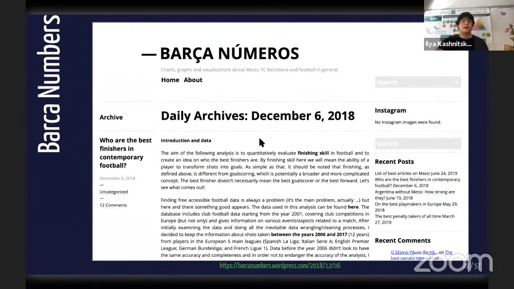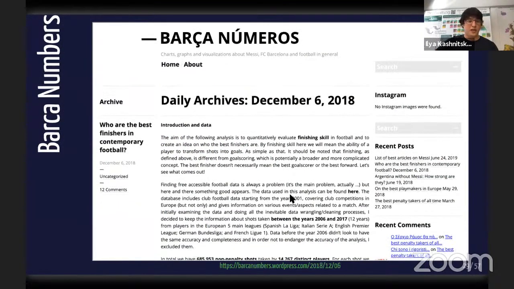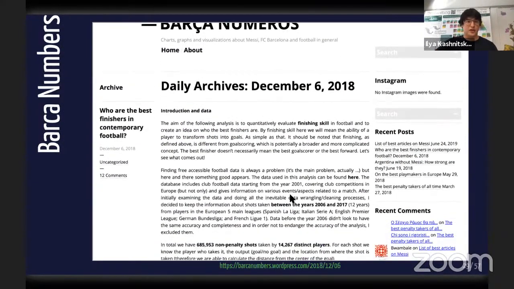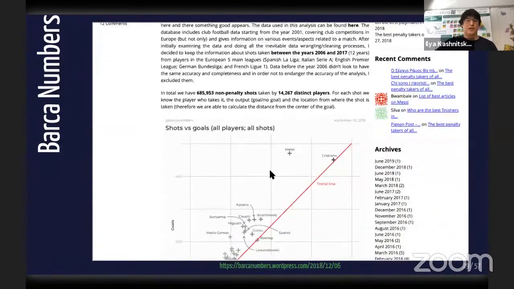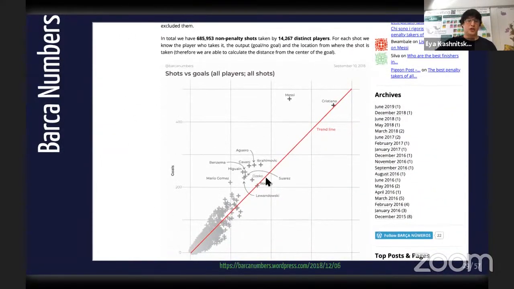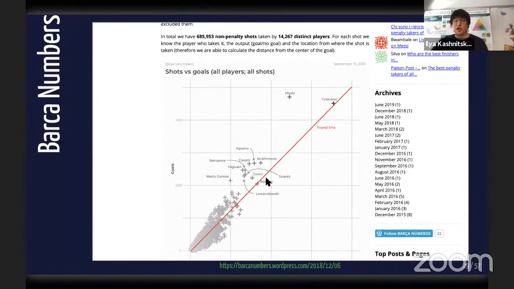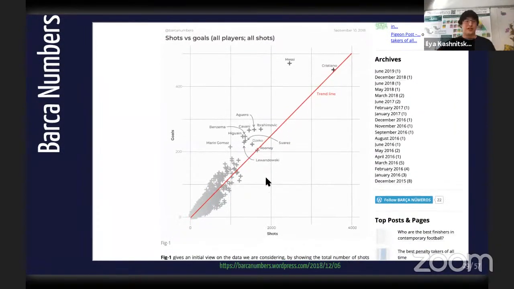Here is another example. This is one of the many blog posts by a person who, well, doesn't post anymore for some reason, but he was crazy about Barcelona and specifically Lionel Messi. So he posted a lot of analysis there.